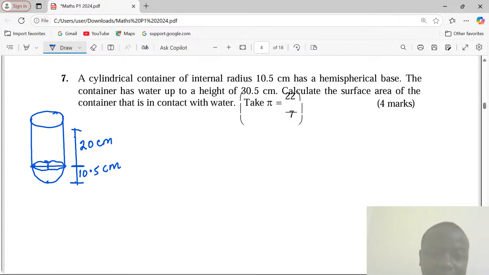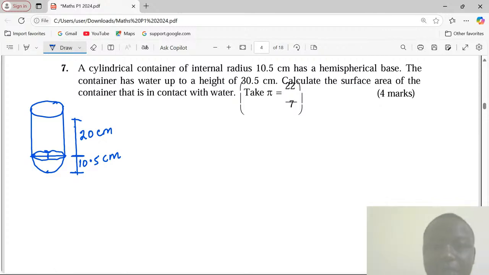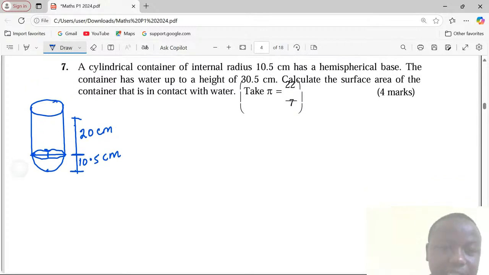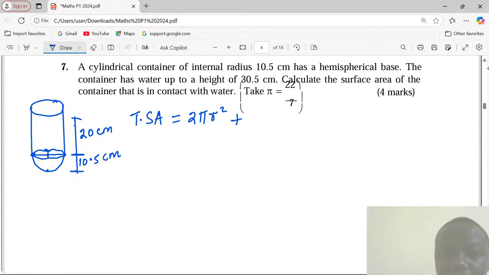Then there is the radius of the hemispherical part, then an extra height on the cylindrical part, which will be equivalent to 20. Now, for us to get surface area, we need the surface area of the hemispherical part, plus the surface area of the cylindrical part. For a hemisphere, the total surface area will be given by the hemispherical part, 2 pi r squared, plus the cylindrical part, 2 pi r multiplied by the height.